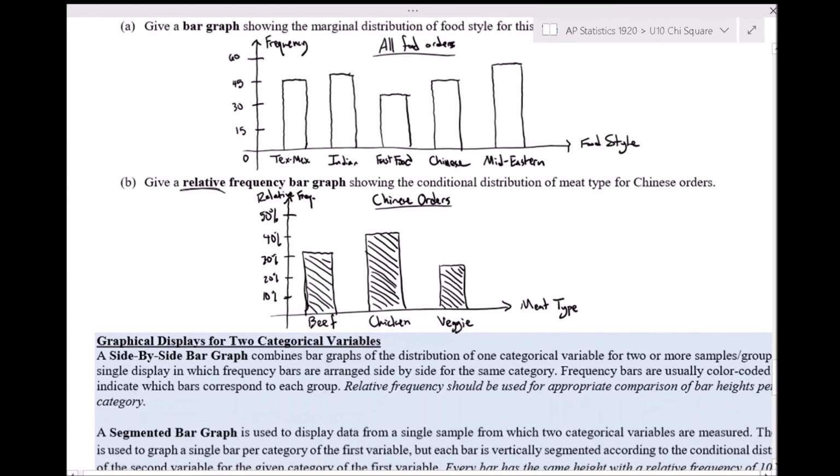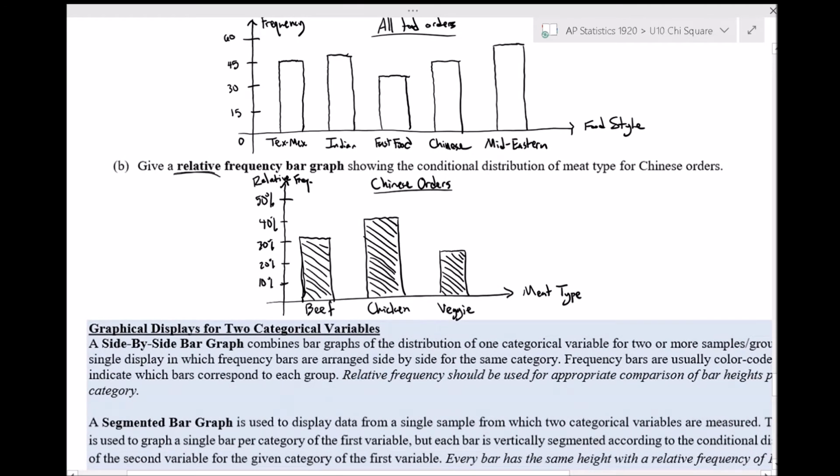So they wanted a relative frequency bar graph showing the conditional distribution of meat type for Chinese orders only. So it's a conditional distribution because we're talking about food orders, and the type of food order is specifically Chinese.